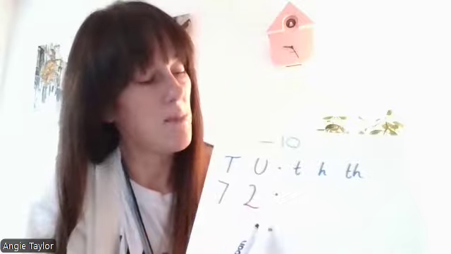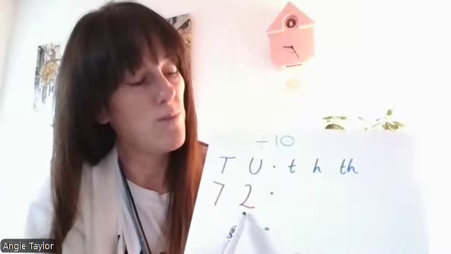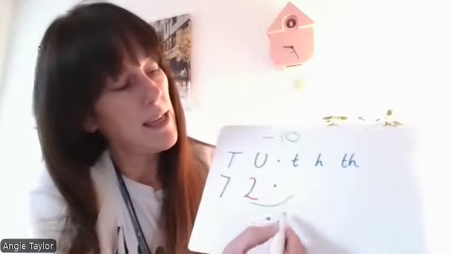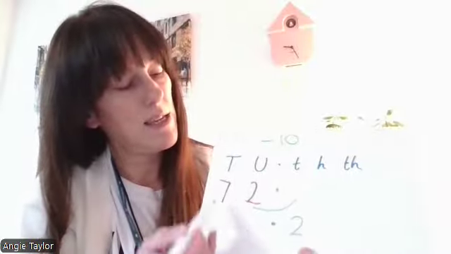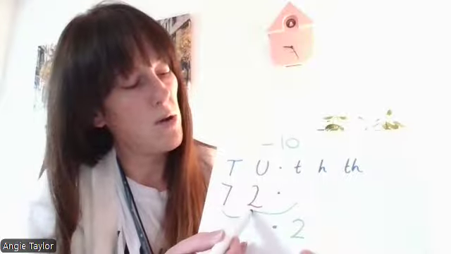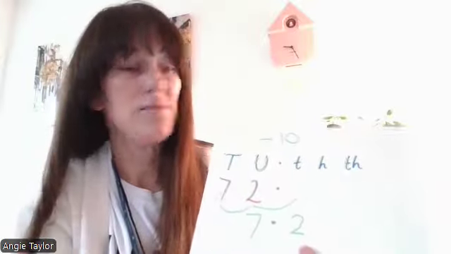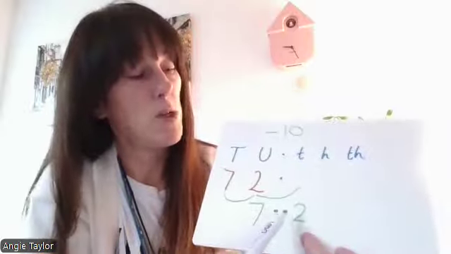That stays in the same place in between the units and the tenths. And our 2 in the units column is going to move one place into the tenths column. And our 7 is going to move one column into the units. So our answer, 72 divided by 10, is 7.2.